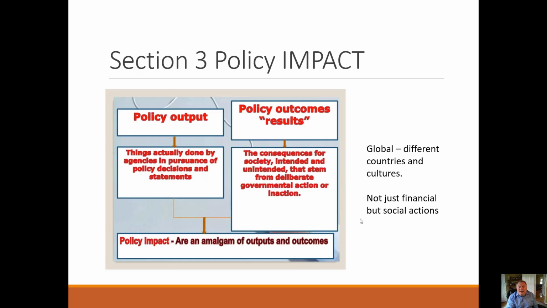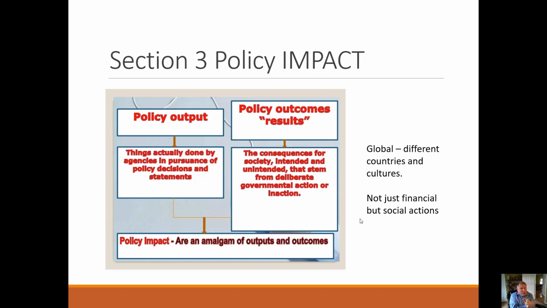The policy impact is a result of two things. First, what are the actual actions that a governing body takes? What are the actions the governing body is engaging in? And the second is the result or consequence of those, which can be intended or unintended.